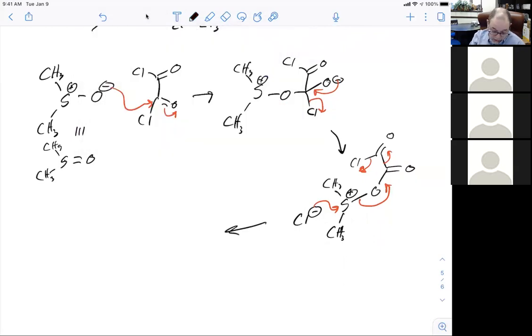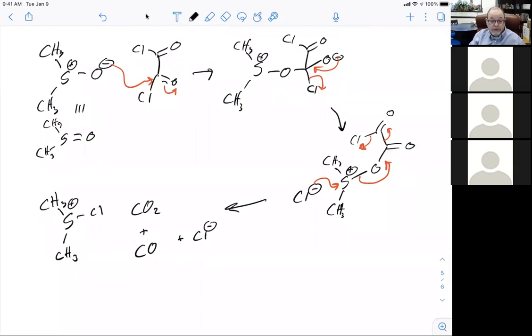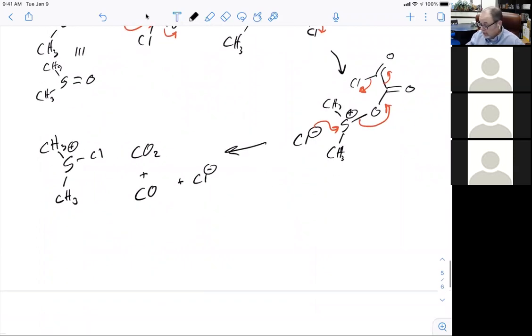The nice thing about this is what we end up with is this dimethyl chlorosulfonium species, plus CO2, which is a gas, CO, which is a gas, plus the chloride negative, which becomes the counterion. So when you're done with this, you don't have any other reagents you have to worry about. You've made the reagent and everything else is a gas.